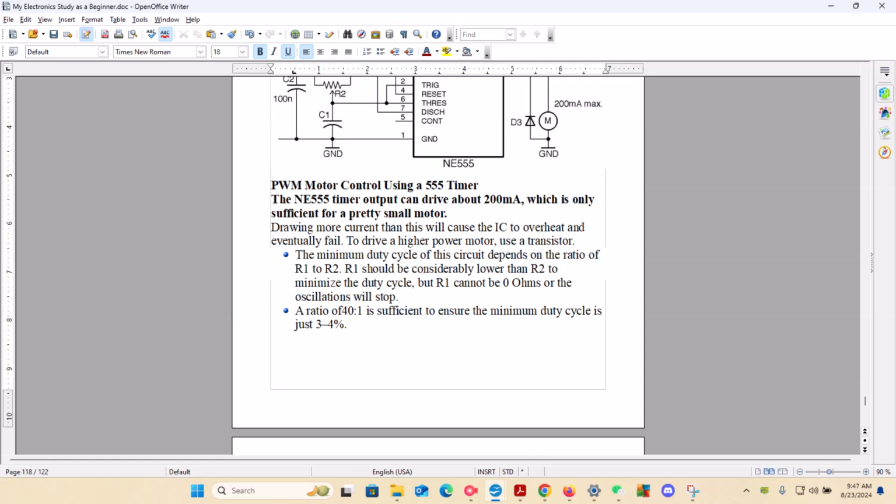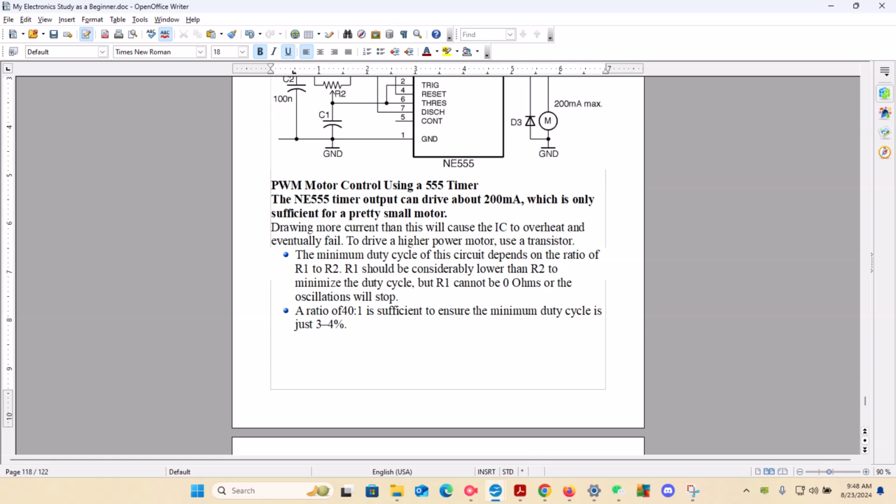But R1 cannot be 0 ohms because, remember, ohms is a measurement of resistance. We need to have some ability to resist the current flow going through the circuit. If there is no resistance, then the oscillation will stop.